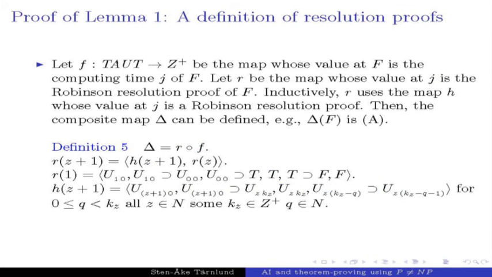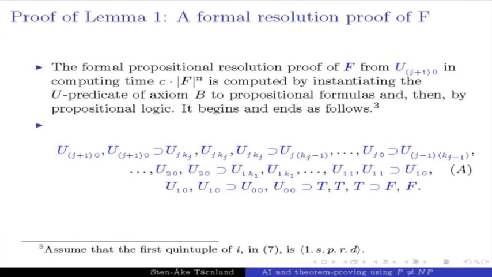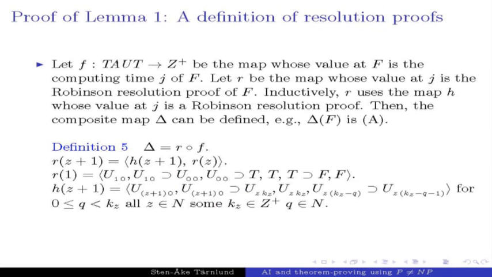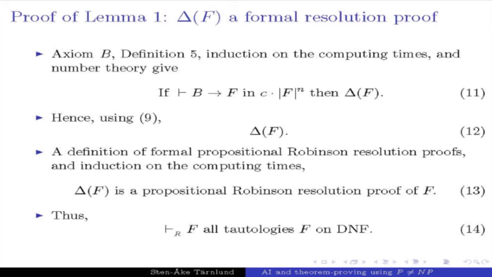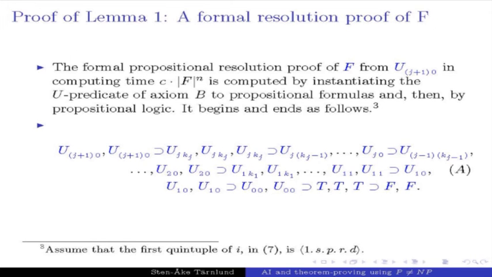This is, of course, possible to do more formally. So we define the delta, and delta of F is the propositional Robinson resolution proof of F. Then, if we can prove F from axiom B in polynomial computing time, then we get this delta in polynomial computing time, and the delta is the name of this polynomial proof.